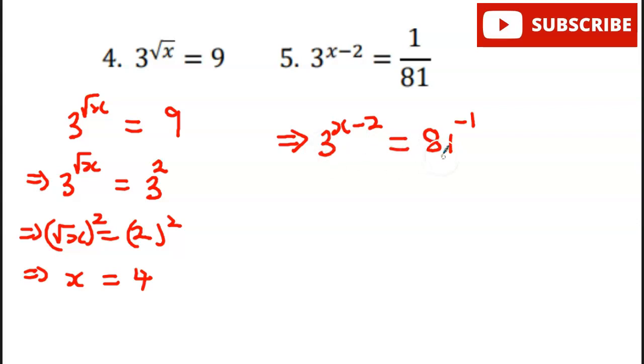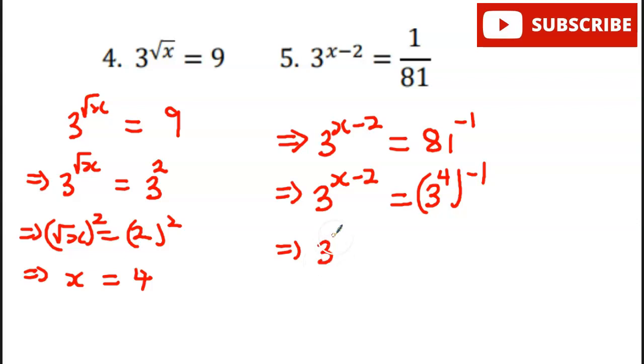Let's ask ourselves, can we express the bigger number 81 in terms of 3? Yes. So we have 3 raised to the power x minus 2, which is equal to 81 written as 3 raised to the power 4, all raised to the power minus 1. And now according to laws of indices, there is 4 times minus 1. So we have 3 to the power minus 4.